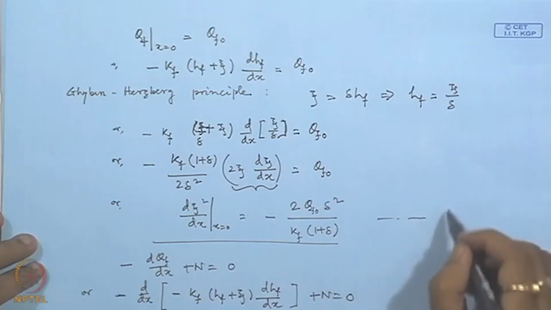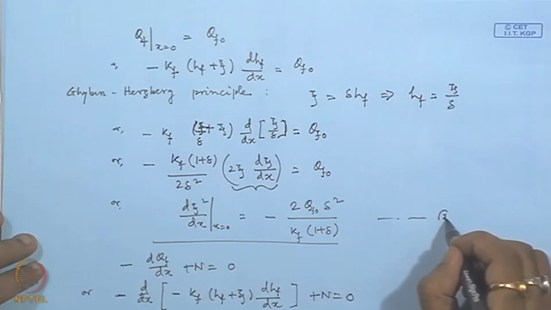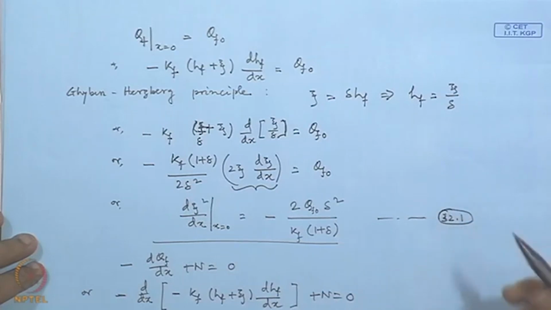This is our relation number 1, our 32.1, let us denote it.